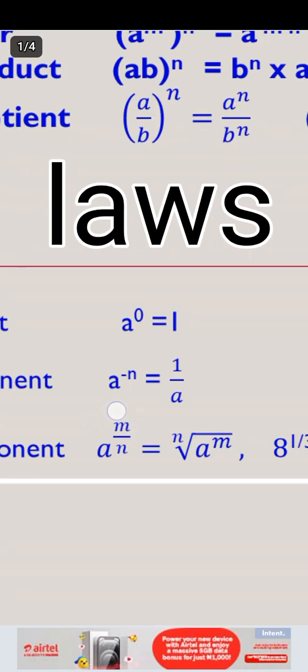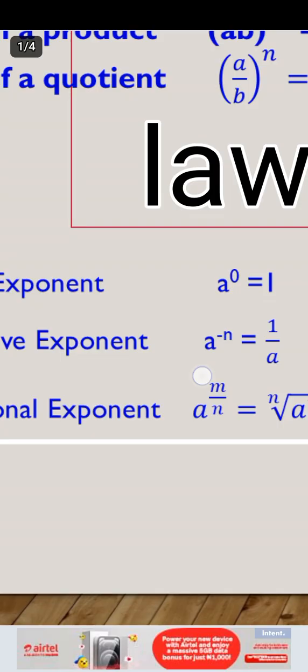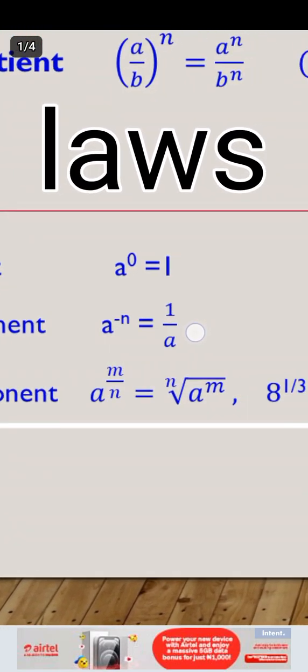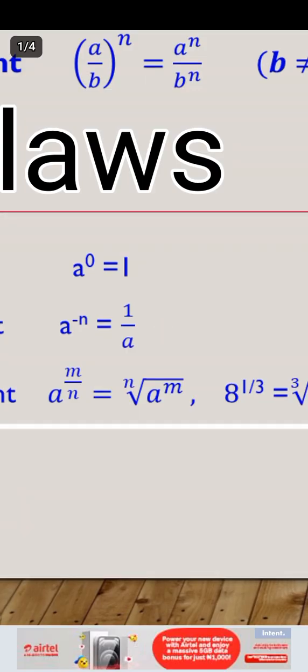The next one is fractional exponent, or fractional indices, or fractional power. You see, when a is raised to the power of a fraction, the fraction has two parts, the denominator and the numerator. If a is raised to power m over n, then the denominator is the root, while the numerator is the power to which that base is raised.